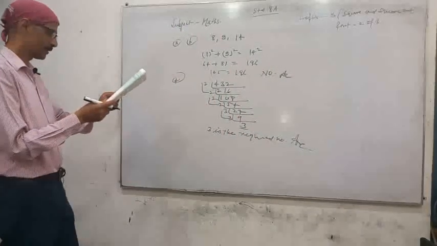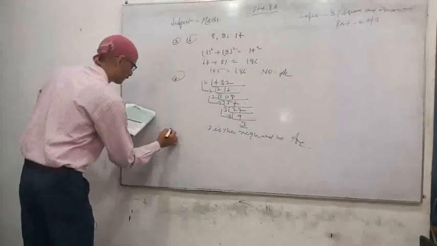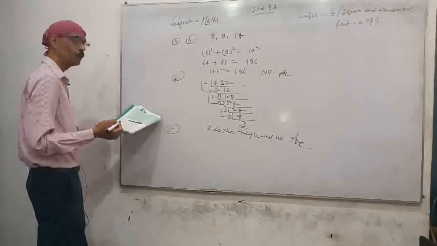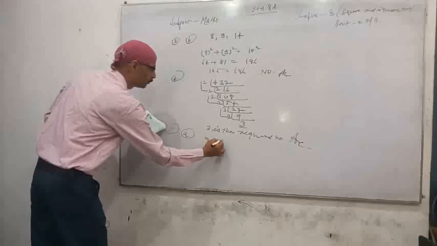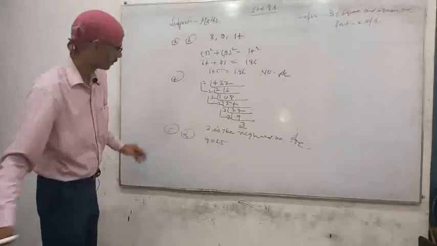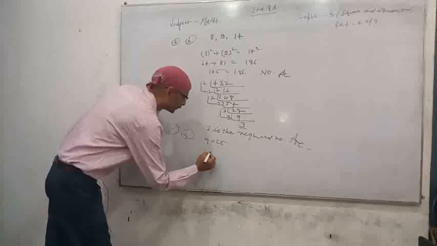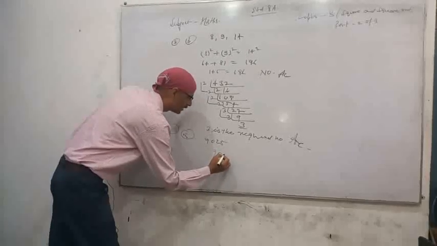Now question number 5. Find the square root of 9025. So do the prime factorization of 9025.